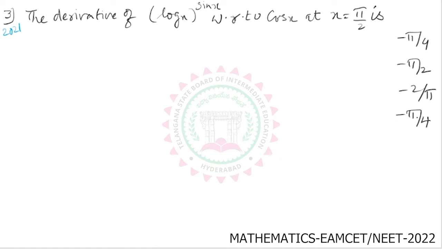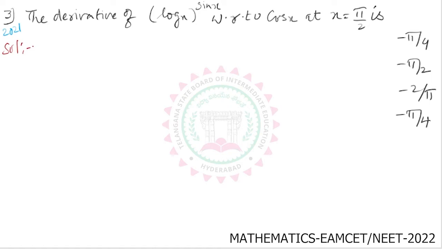What is being asked? Derivative of log x power of sin x with respect to cos x, right? So we have done this type of question in our IP, right? Now write down the solution.